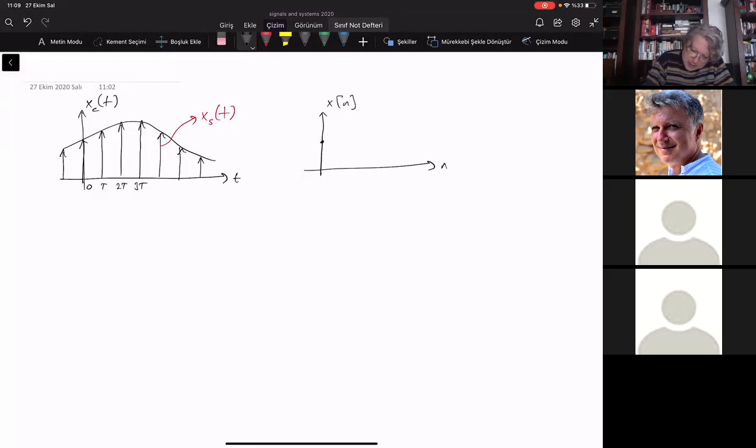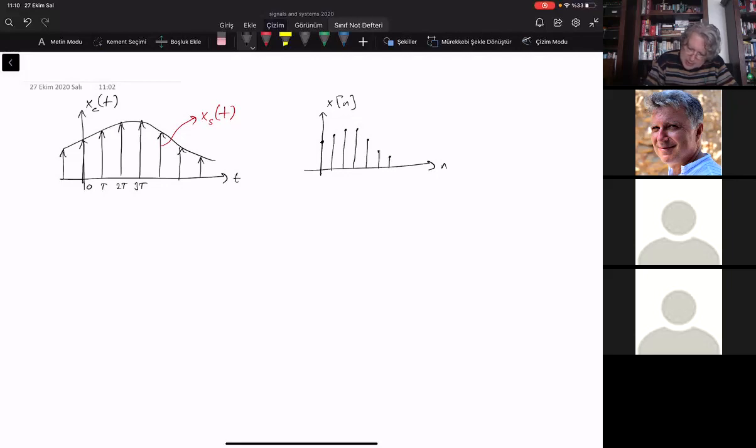Which will be like the value at 0 is here, the value at 1 is here, the value at 2 is here, at 3 is here, at 4 it's here, 5 will be like this, and 6 maybe will be like this.